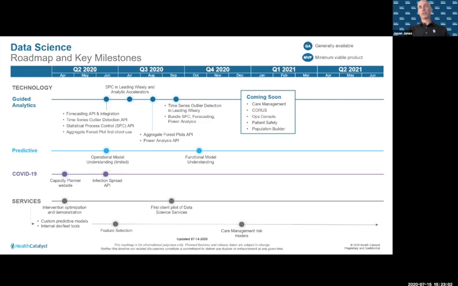You can wrap these into products like care management or patient safety and others as we go forward. So we now have APIs for the time series outlier detection that we mentioned. We have forecasting available via APIs. We have the statistical process control available via APIs.